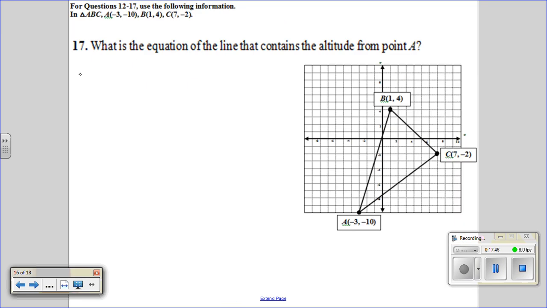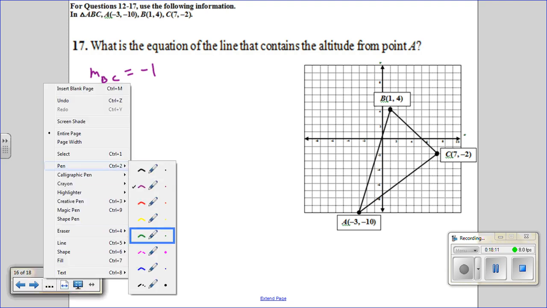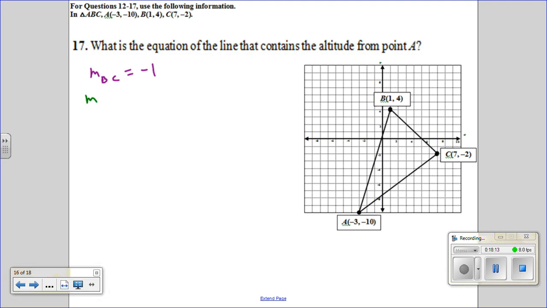The slope of BC was negative 1. The altitude has to be perpendicular, so that means it needs to be the opposite reciprocal. So the slope of the altitude would need to be positive 1.